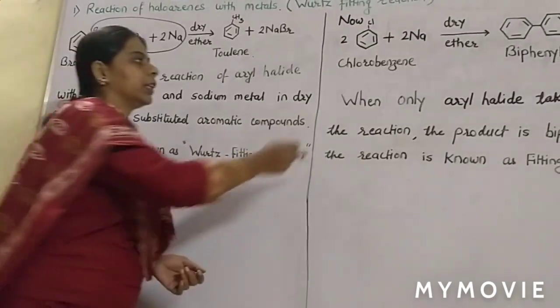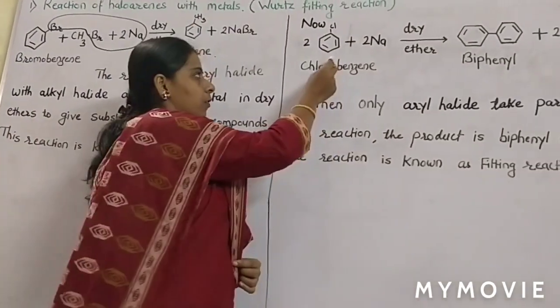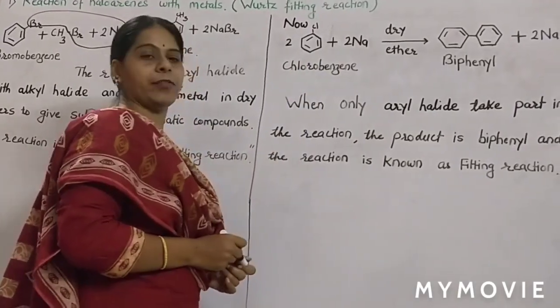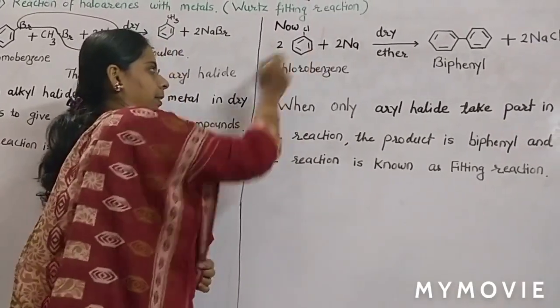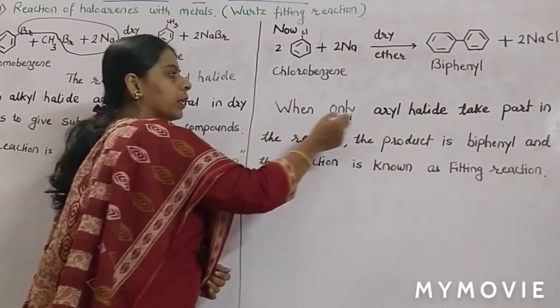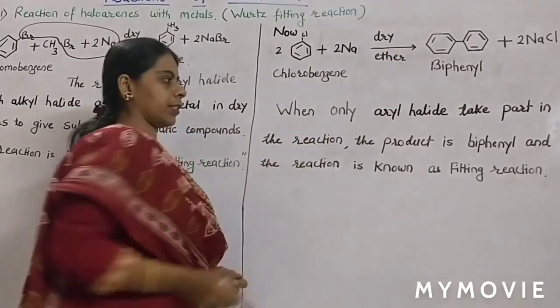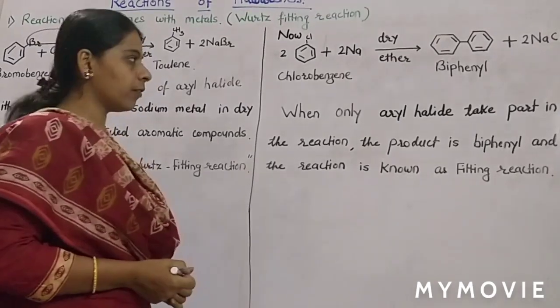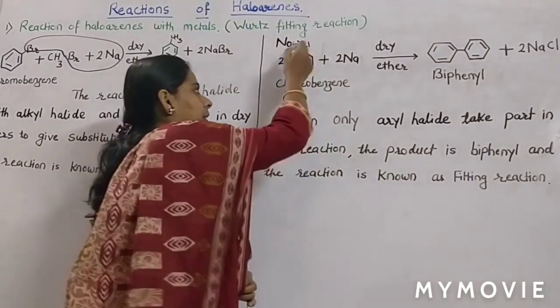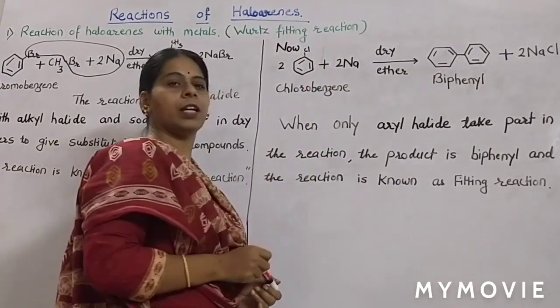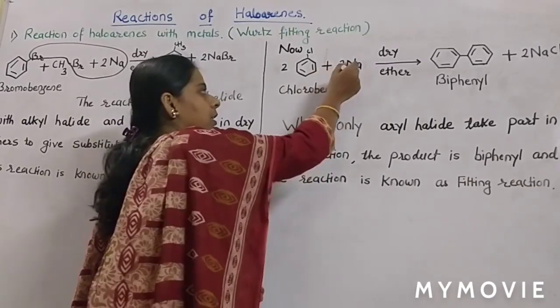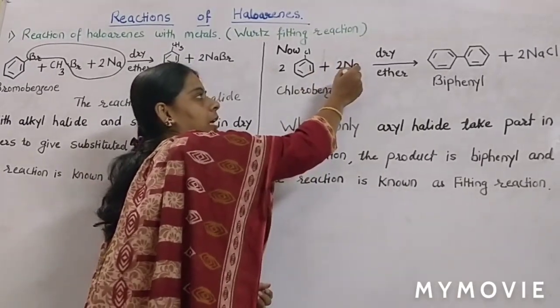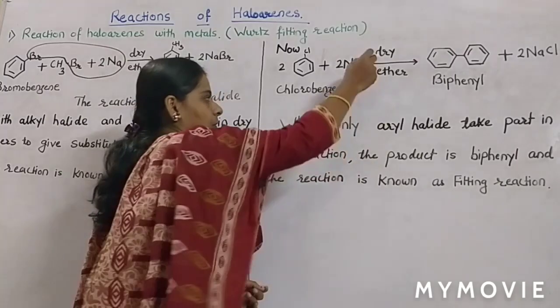Now here, if only the aryl halide takes part in the reaction, chlorobenzene for example, then the product is biphenyl, and the reaction is known as the Fittig reaction. Two molecules of aryl halide react with two atoms of sodium in presence of dry ether.